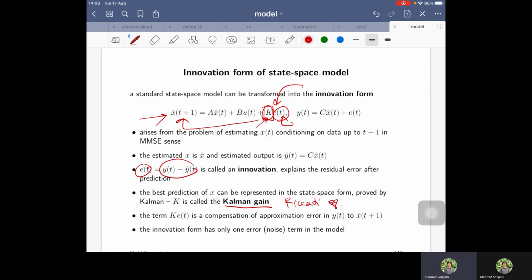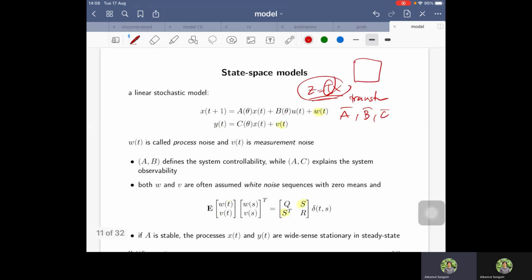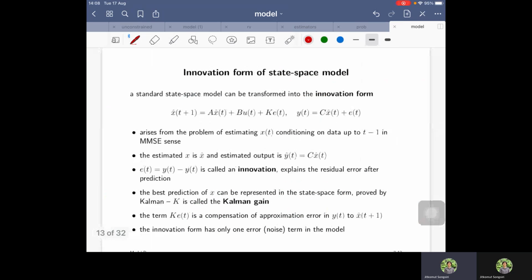All right. So the key message here is that we can always transform the standard state space model into the innovation form.